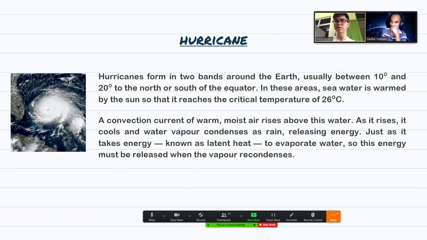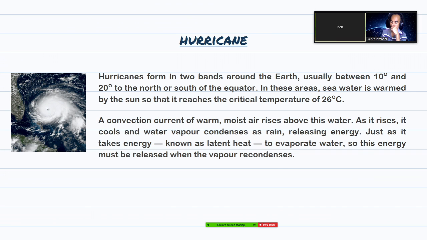In these areas, seawater is warmed by the sun so that it reaches the critical temperature of 26 degrees Celsius. A convection current of warm, moist air rises above this water. As it rises, it cools and water vapor condenses as rain, releasing energy. Just as it takes energy, known as latent heat, to evaporate the water, this energy must be released when the vapor recondenses.